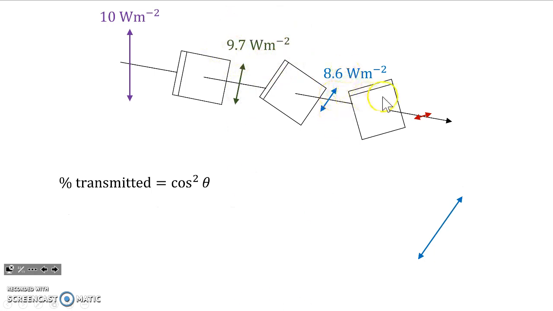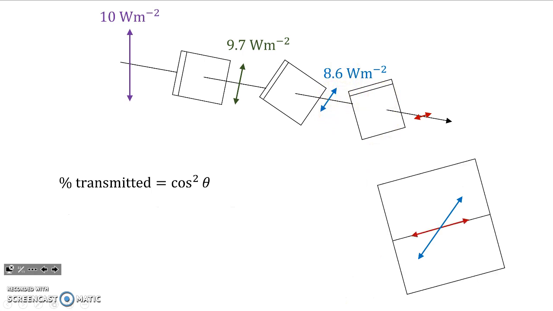So this light continues on until it hits the final filter. Only a component passes through, and we'll say the angle is 30. So the percentage of the 8.6, how much of it gets through? The answer is 75%. So if we multiply 8.6 times 0.75, we get 6.4 watts per meter squared.